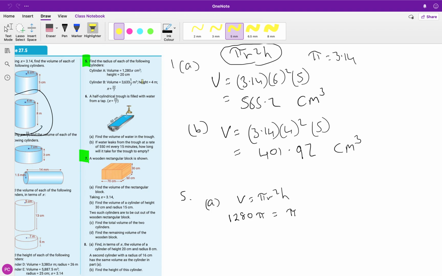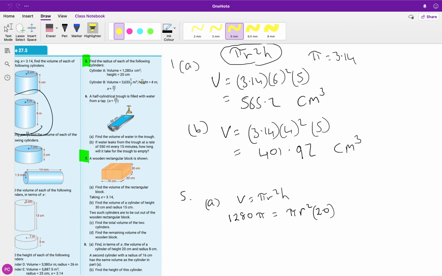They're not giving us the radius, are they? Of course not, why would they give us the radius when they're asking us to find the radius? The height of the cylinder is 20. So pi r squared by 20.